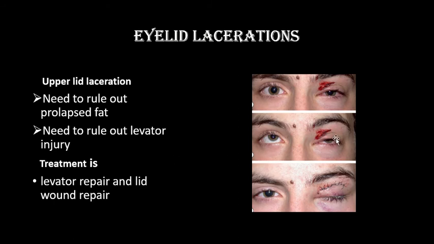So if there is injury to the levator and the patient is unable to lift the upper eyelid, in this case we need to repair the levator prior to the lid wound repair, like in this case.